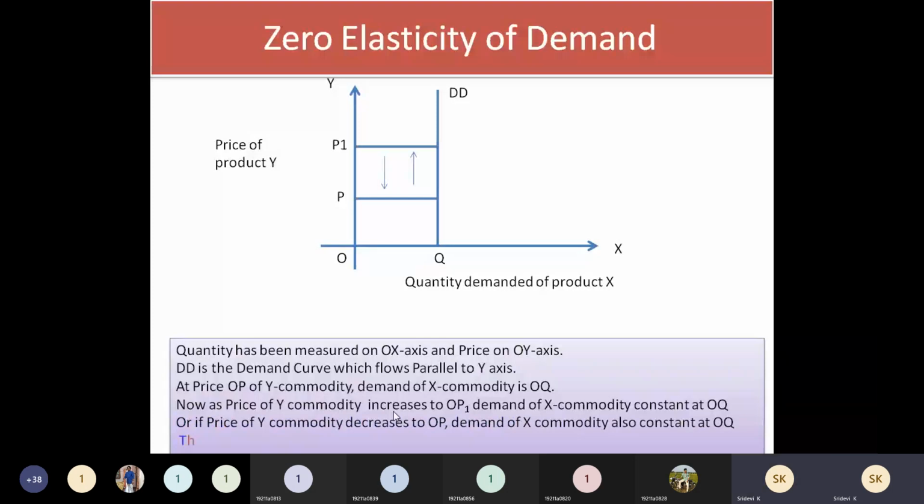How we can measure this, the mathematical measurement we can do. So let us represent this cross elasticity as EC.